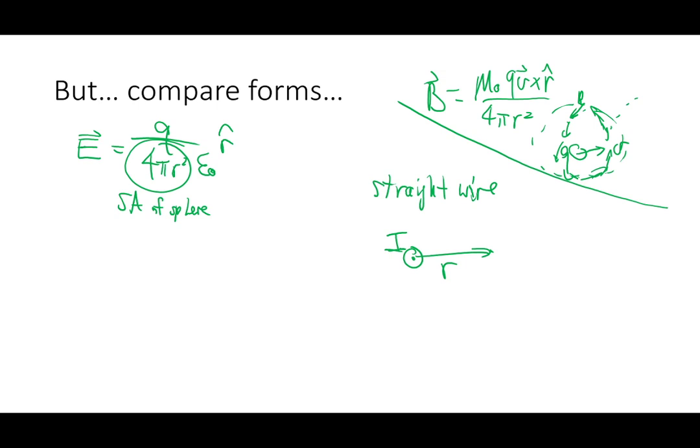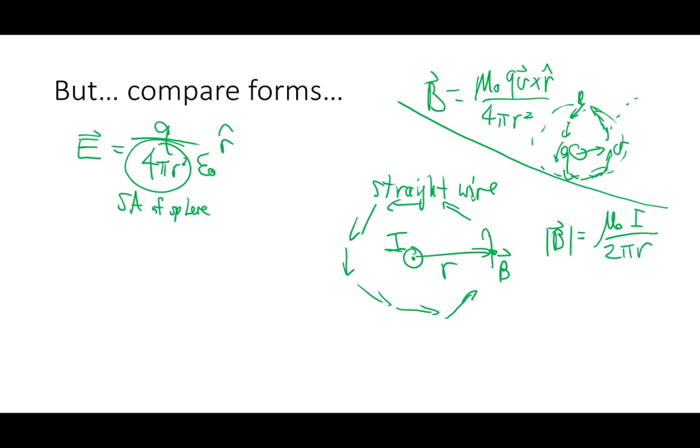Current comes out of the page, following your fingers, you know the direction of the magnetic field, say at that point, to be upwards as it goes around and swirls around. And the magnitude of this magnetic field is equal to mu naught I over 2 pi r.